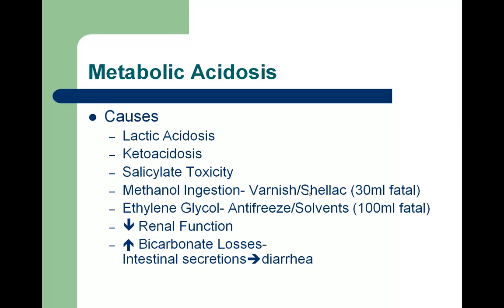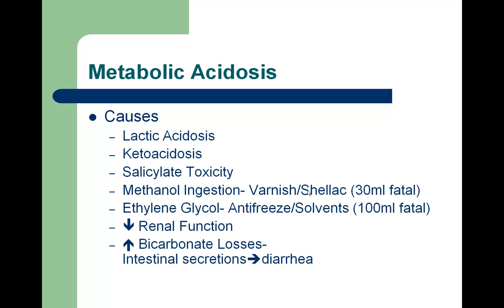In metabolic acidosis, the causes are going to be lactic acidosis. This is your typical acidosis related to, say, a runner or a marathoner who doesn't take in enough water, and you're generating lactic acid as a byproduct of anaerobic metabolism because of the overuse of muscles and the lack of glucose in some of those cases.